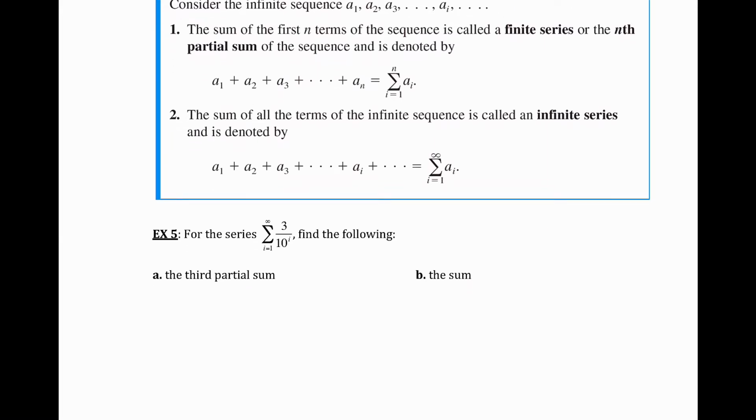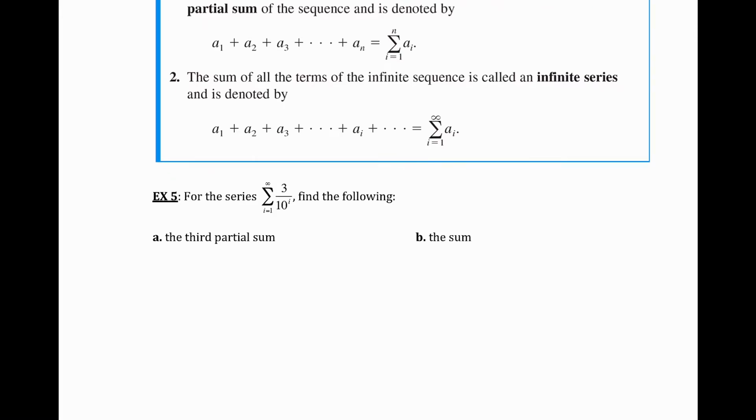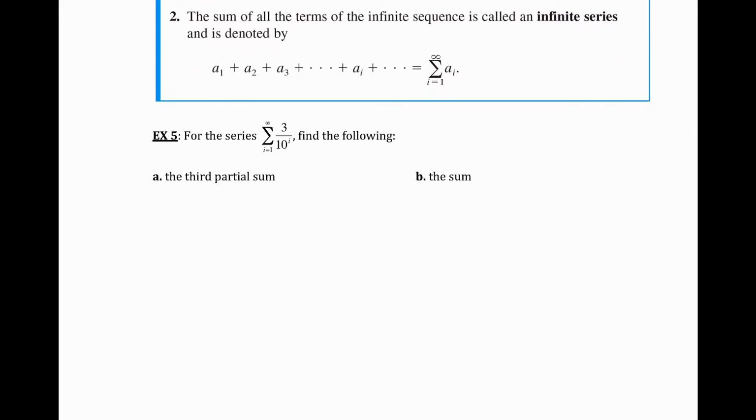Now looking at this example, we have the series from i equals 1 to infinity of 3 over 10 to the i, and we're asked to find the following. We're going to start off by just doing the third partial sum. So temporarily, that's the sum from i equals 1 to 3 of 3 over 10 to the i.